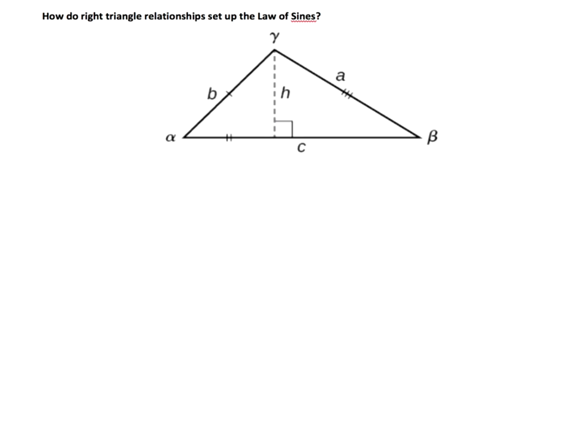Okay, so here we have pictured an oblique triangle. And what we have done is dropped a height down from one vertex of the triangle. We know from our previous experience with geometry that when we drop a height down, it forms a 90-degree angle.